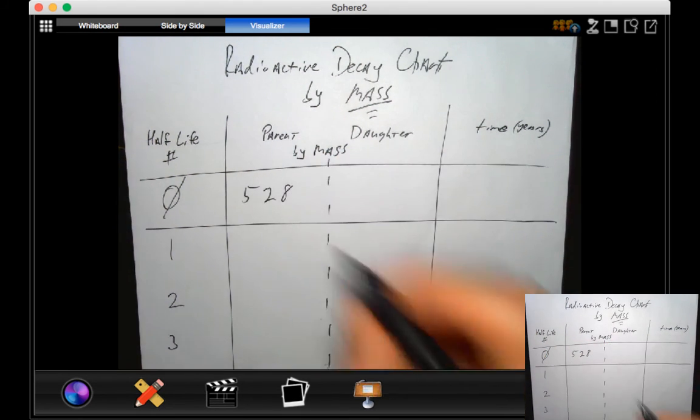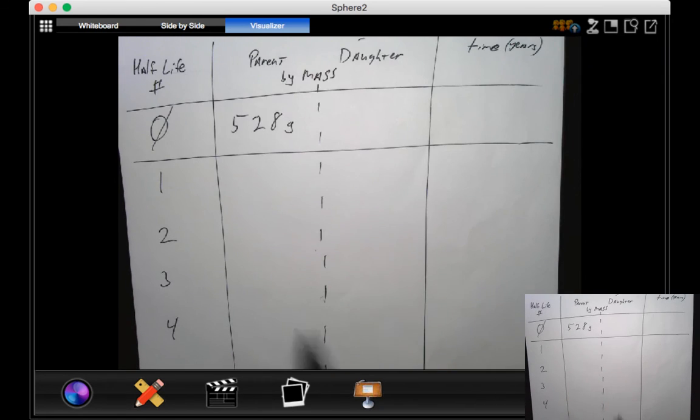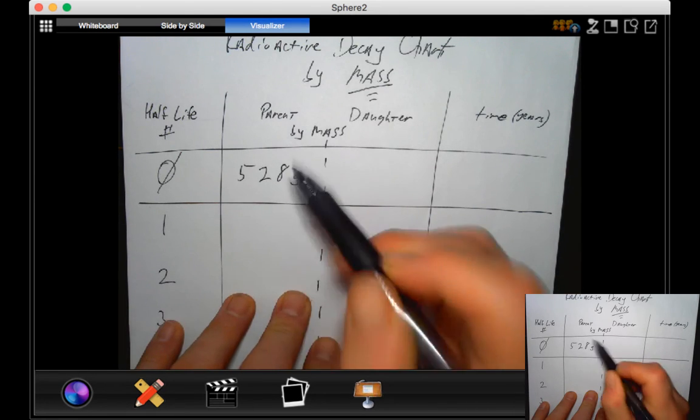Let's do 528. All right, let's just say, for this example, you start with 528 grams of parent isotope, and they want you to break it down, and you're trying to figure out how many grams are left, either parent or how many are now in daughter, at a certain half-life number. So like we started last time, whatever you start with starts as 100% of the parent.